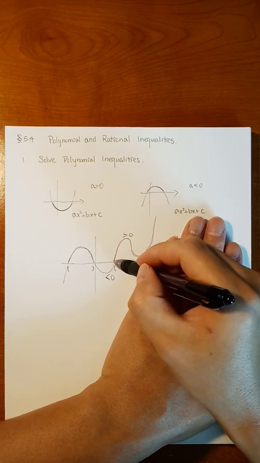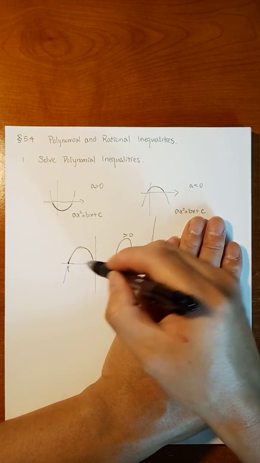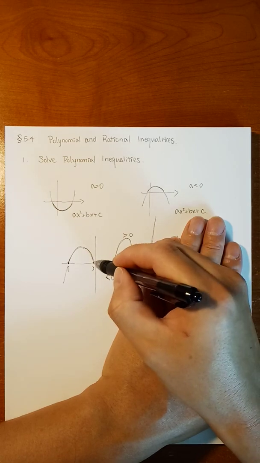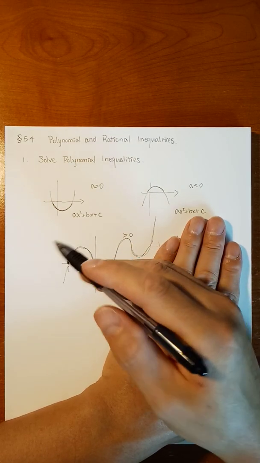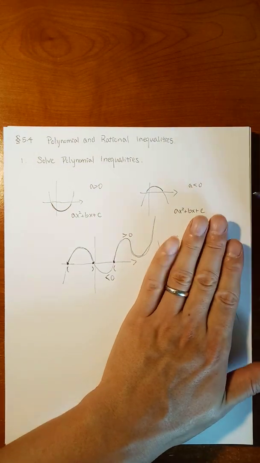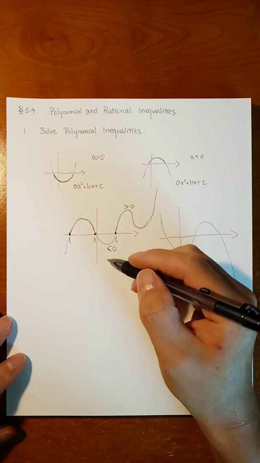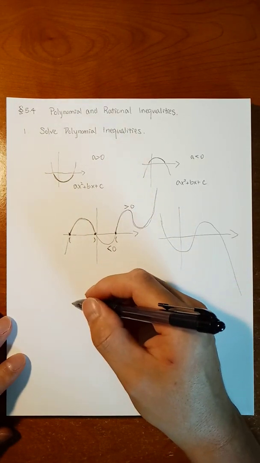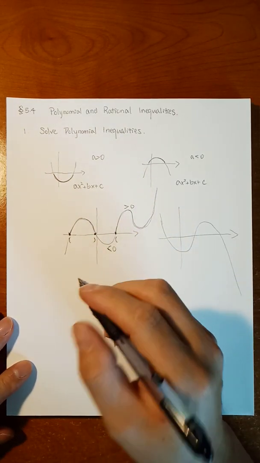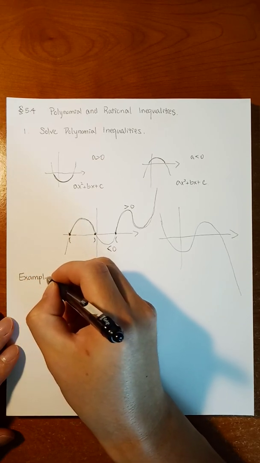And greater than 0 or less than 0, they are always separated by 0. You see here? 0 is like the cutting point. Okay, so this is the general idea behind the solution of polynomial inequalities. So we will do almost identical steps, but with one modification.